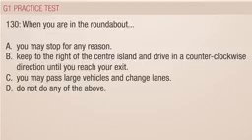Question 130. When you are in the roundabout. A. You may stop for any reason. B. Keep to the right of the center island and drive in a counterclockwise direction until you reach your exit. C. You may pass large vehicles and change lanes.